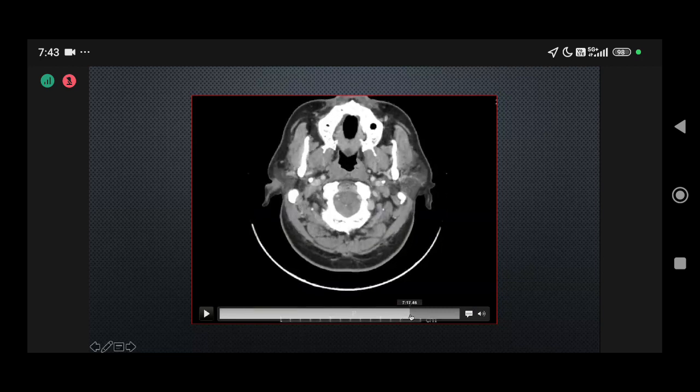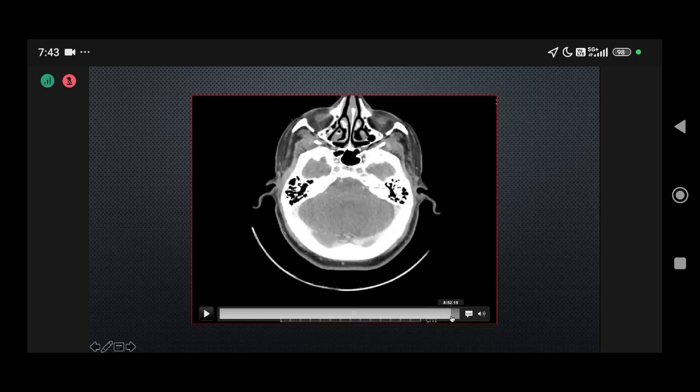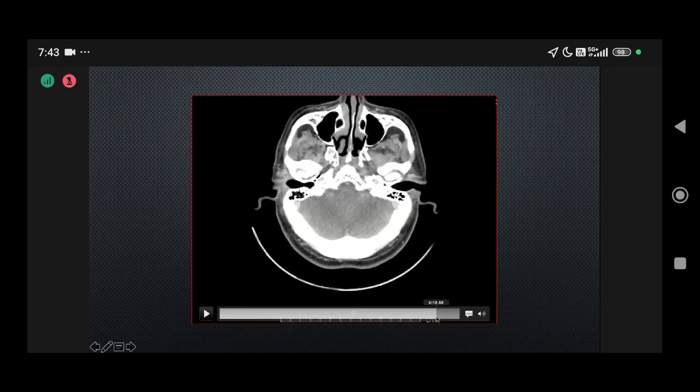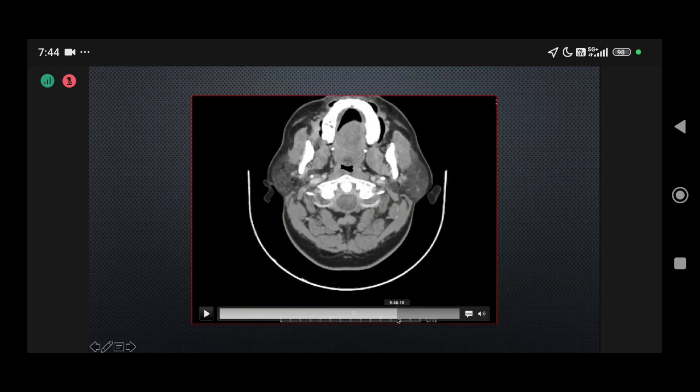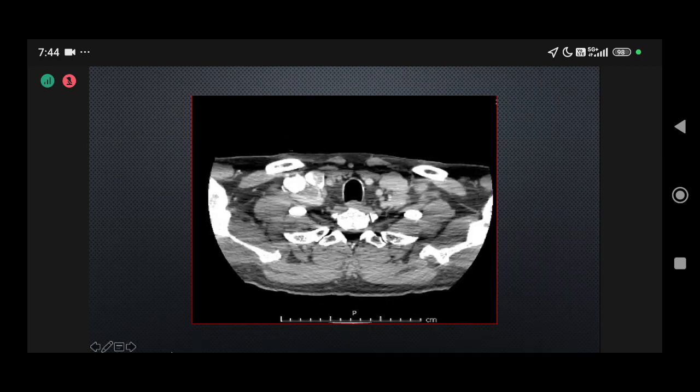As we go up here, we can see again part of the masticator space, which is the suprazygomatic part of the masticator space. This is retroantral fat. So this is the overview of the various neck spaces on contrast enhanced CT scan.